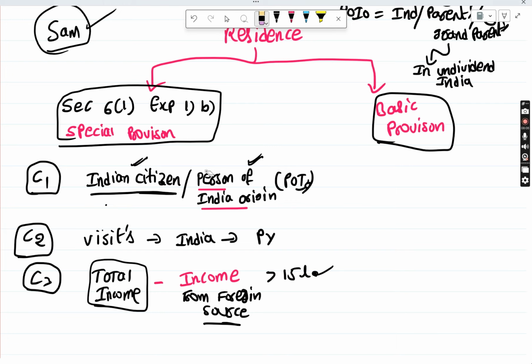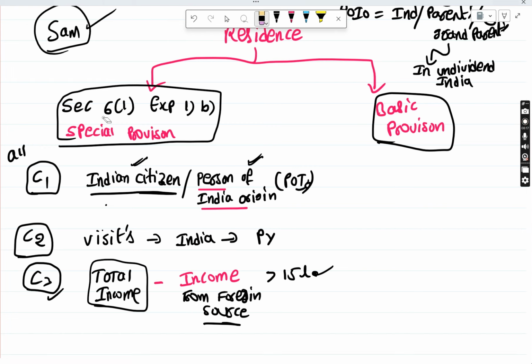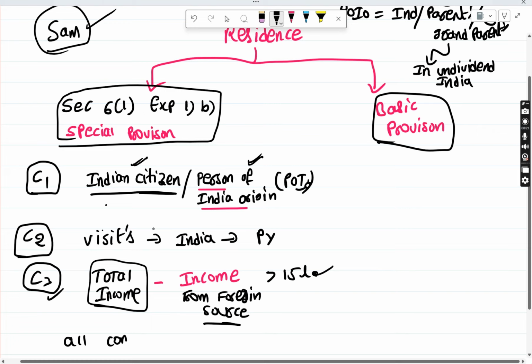Then we will consider, sorry, the condition 3 is satisfied. So now we want all conditions to be satisfied. If all conditions are satisfied, then the special provisions are applicable.